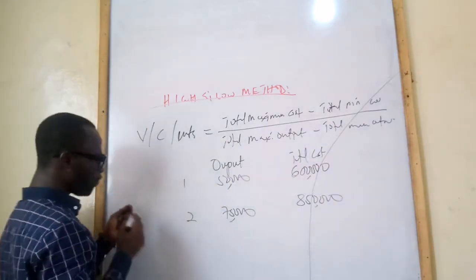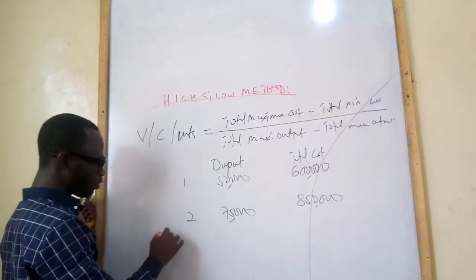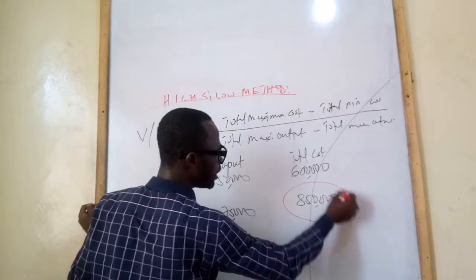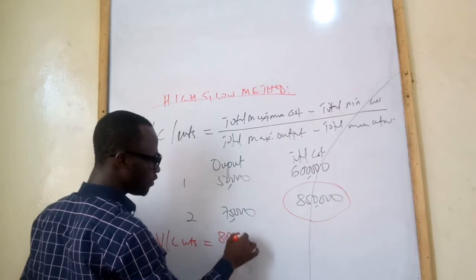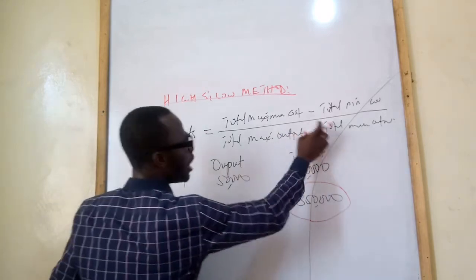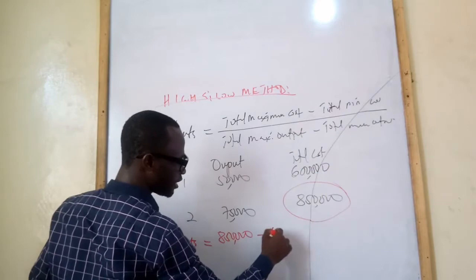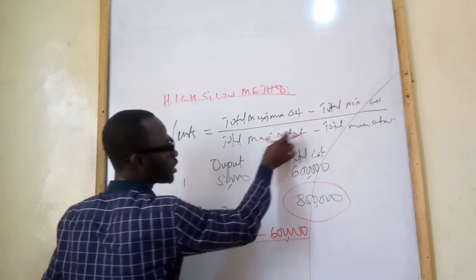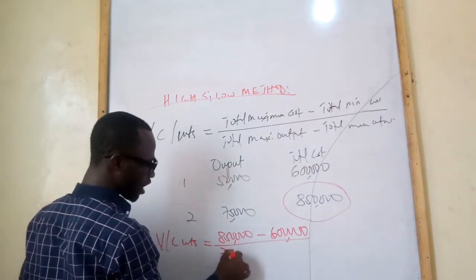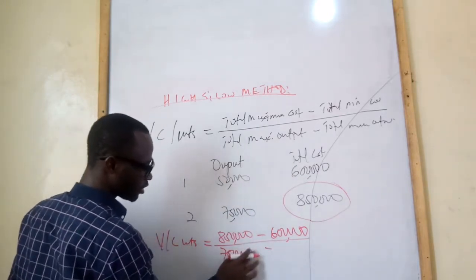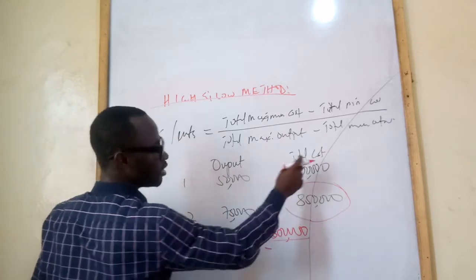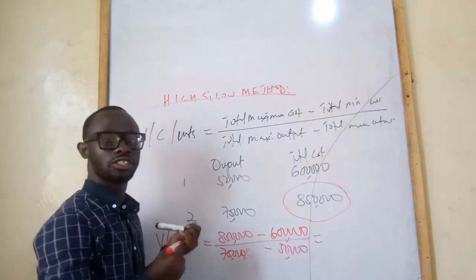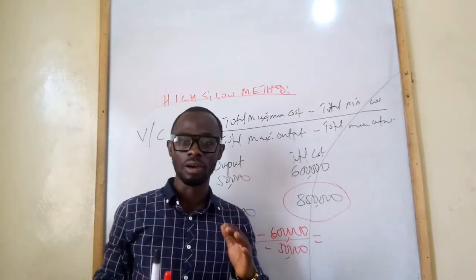To do that, we use the high and low method. Using the high and low method, we find the variable cost per unit. As we said, the variable cost per unit is the total maximum cost, which is 850,000, minus the total minimum cost, which is 600,000, divided by total maximum output, which is 75,000, minus 50,000.